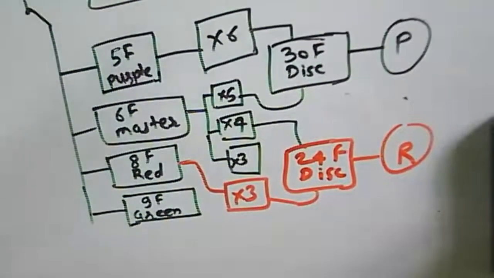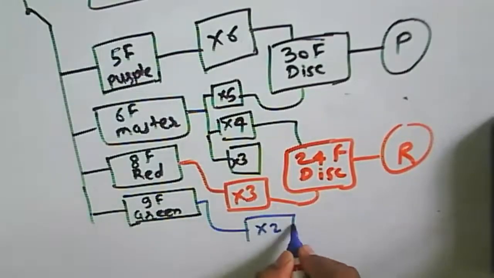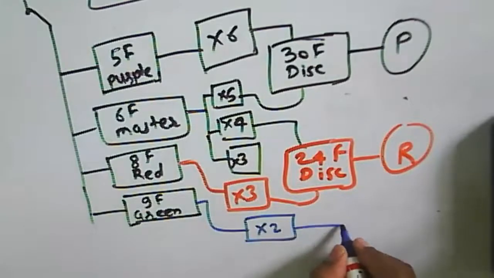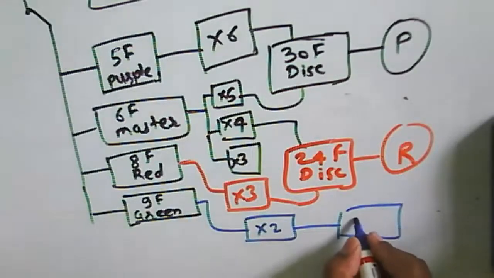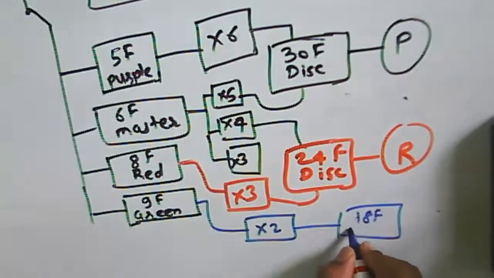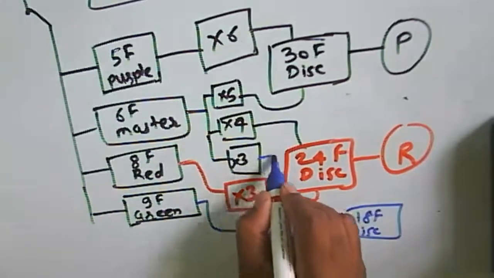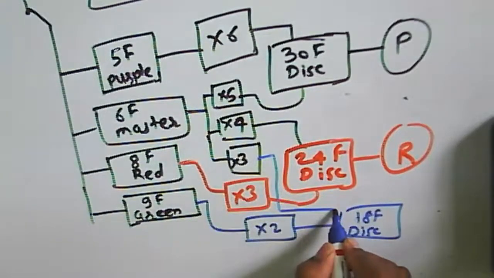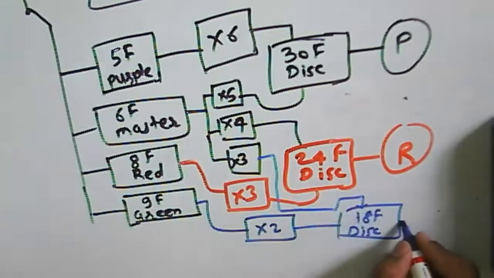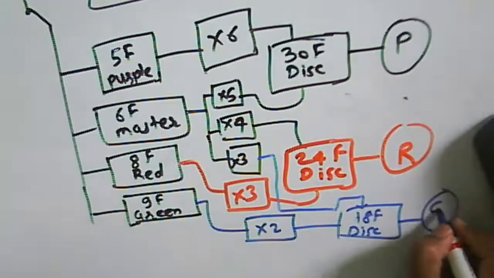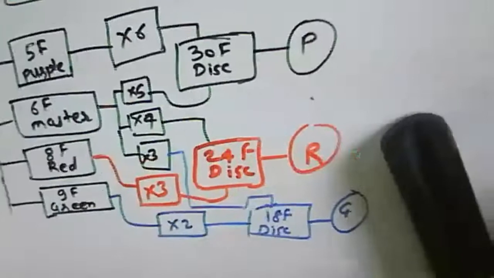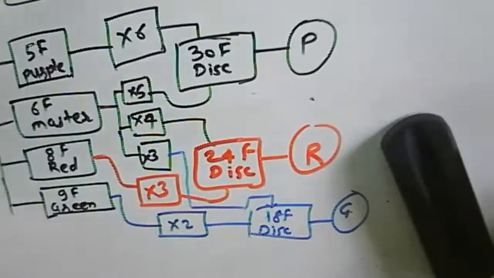Then for green, there is a multiplier of 2 and after that an 18F discriminator, and then we get the green, which will be seen on the decometer.